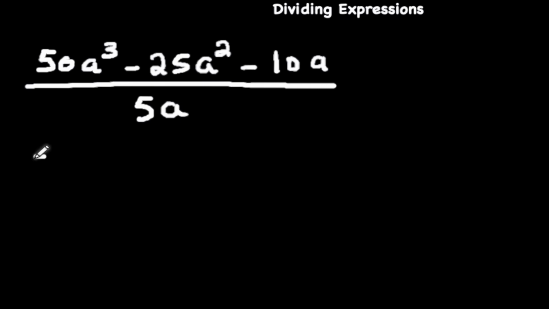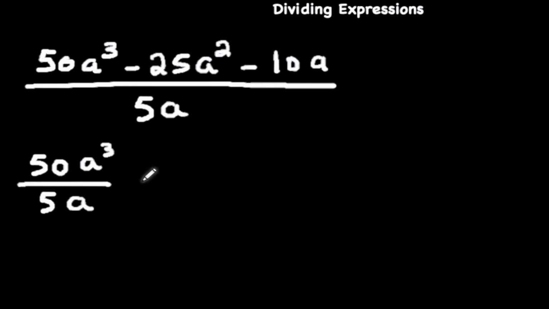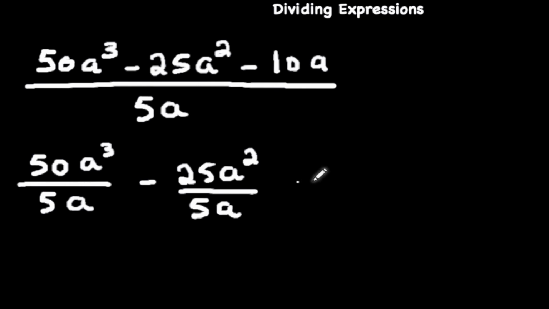Okay, so we have 50a cubed divided by 5a minus 25a squared divided by 5a and minus 10a divided by 5a.